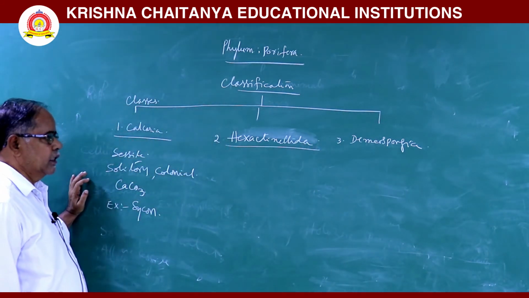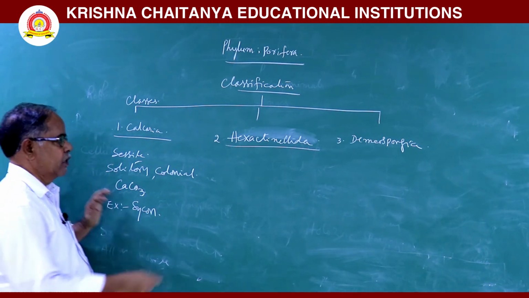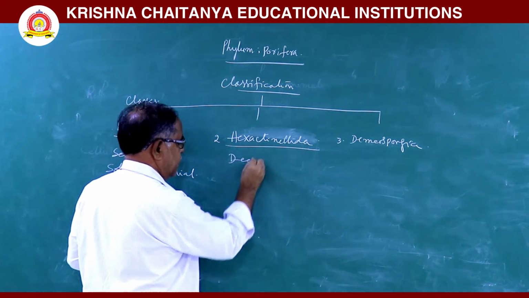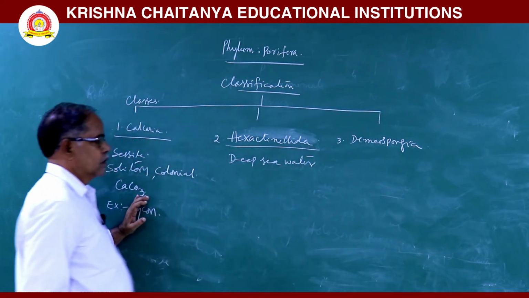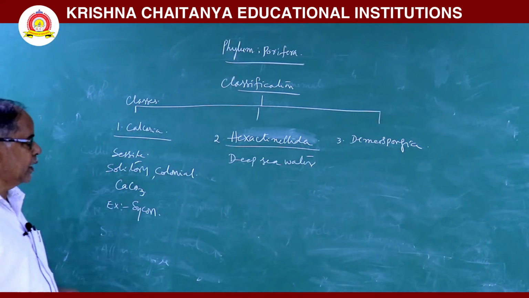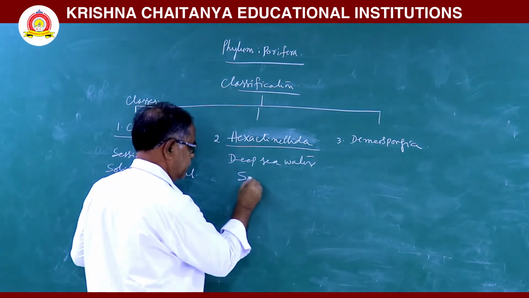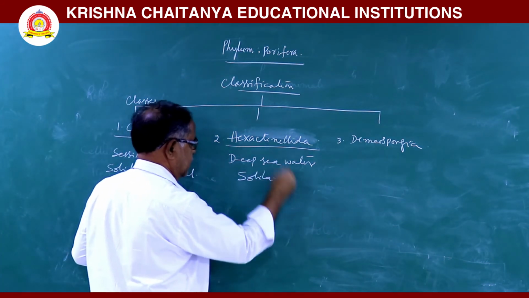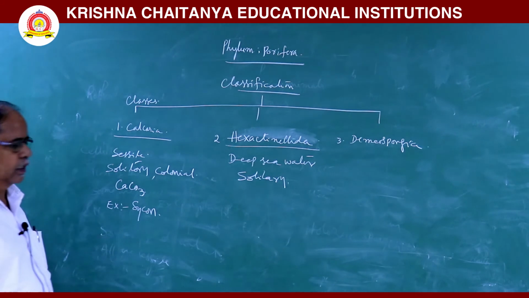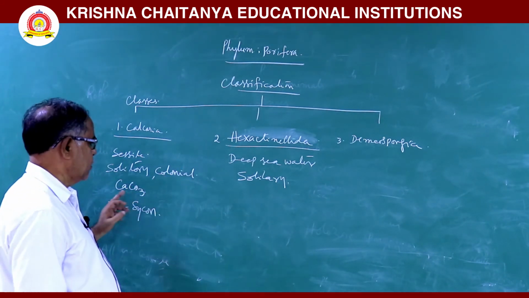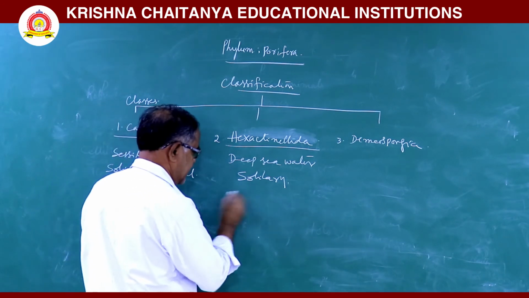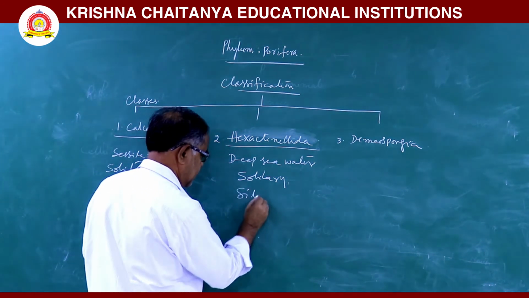Next, Hexactinellida. These animals live in deep sea water. Here they are only solitary animals. Spicules are made up of siliceous silicon dioxide.